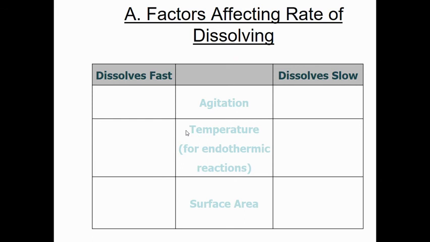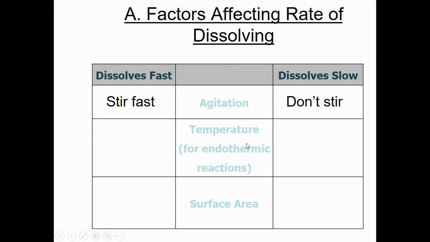Okay, and just to get a general view of what it looks like, agitation, that's the stirring. If you stir fast, something's going to dissolve fast. This is talking about solids and liquids. If you stir slow or don't stir, it's going to dissolve slow.